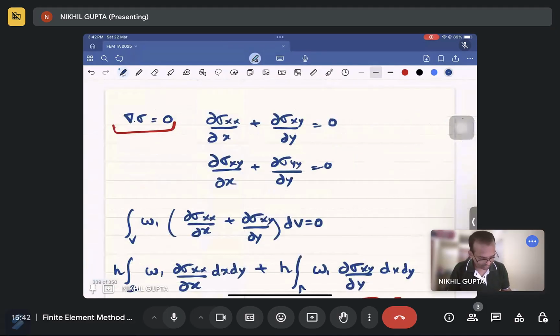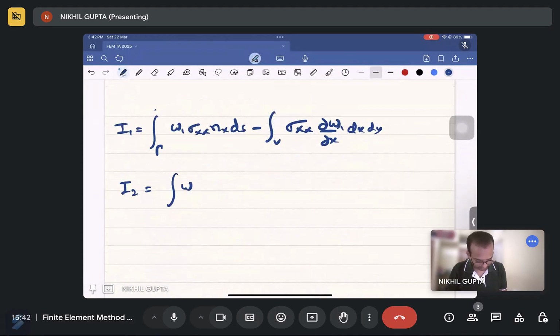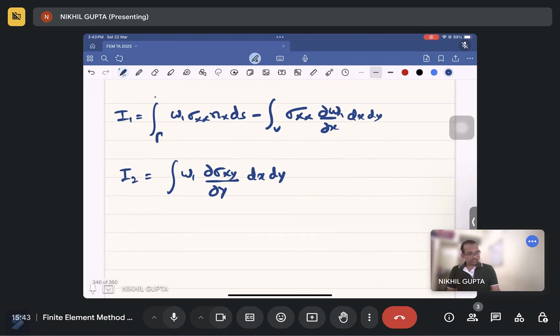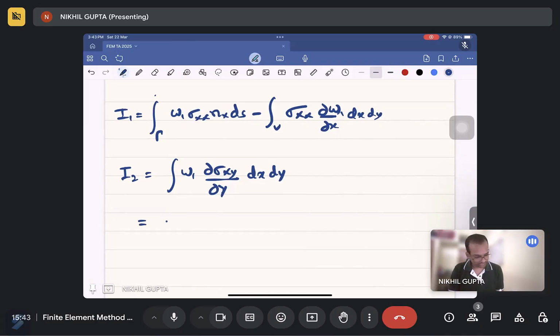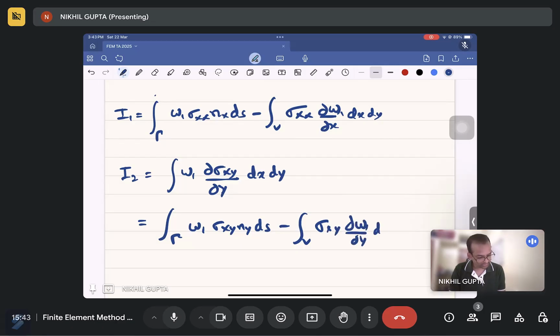I2 is the integral of W1 del sigma xy by del y dx dy. When you solve this you will get the integration of W1 sigma xy ny ds minus the volume integral of sigma xy del W1 by del y dx dy.